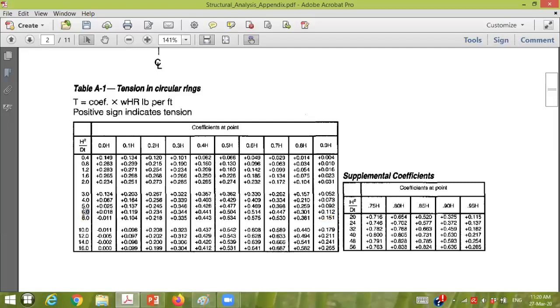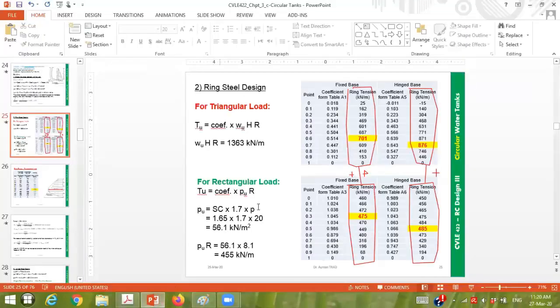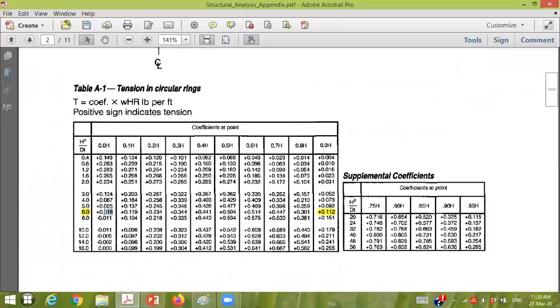Here our ratio is equal to 6. 0.112 is the last value. تأكد منها. So نبلش ب 0.018 مثل ما حكينا هون.